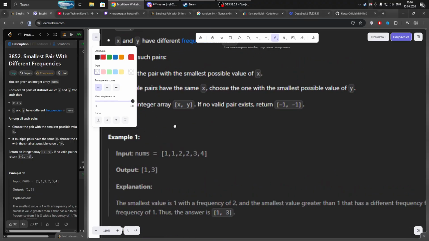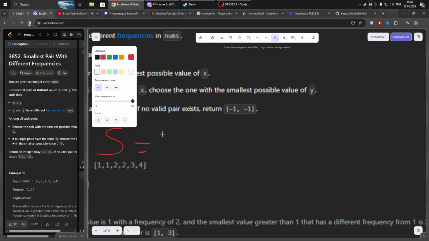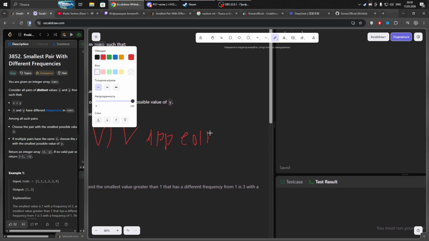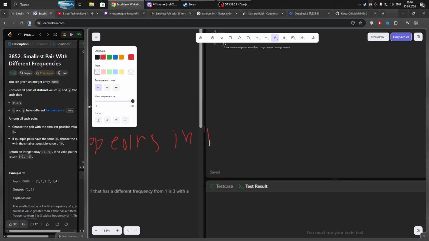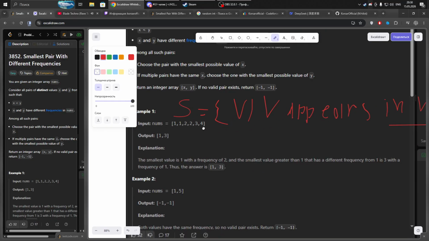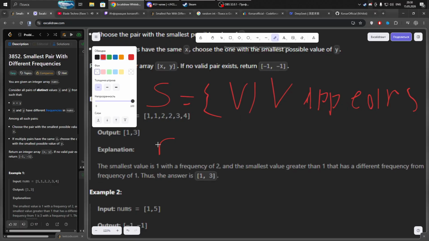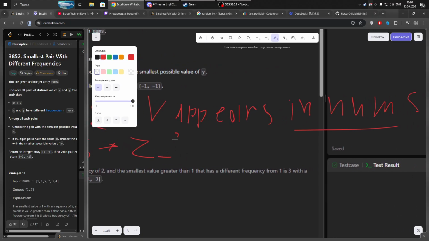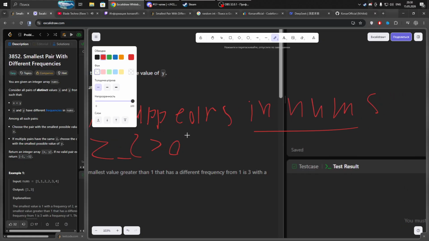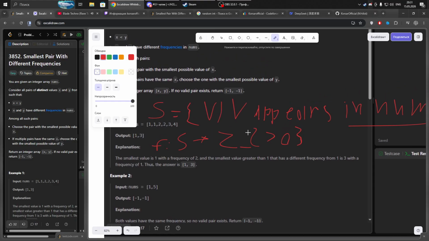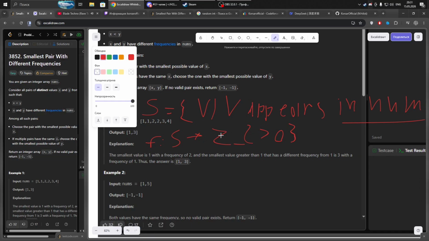So let's do this. Pairs in nums. Alright, so with a set of distinct values, it's a frequency map where f of v is the count of v in nums.